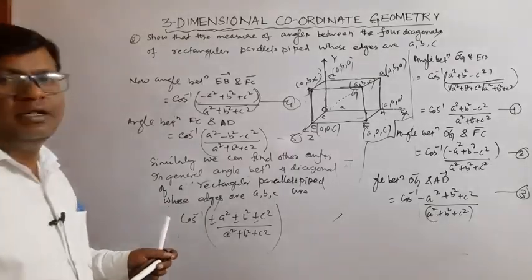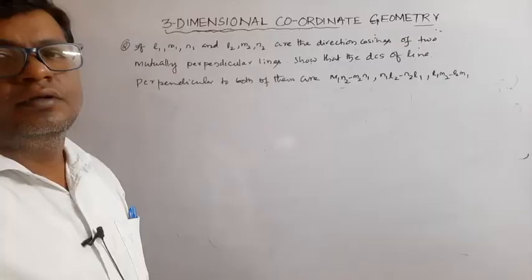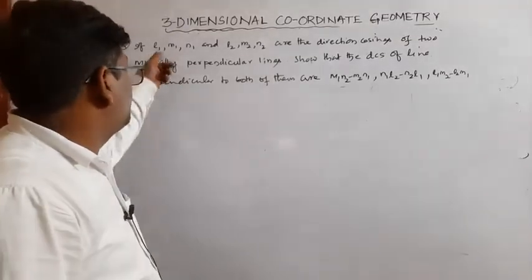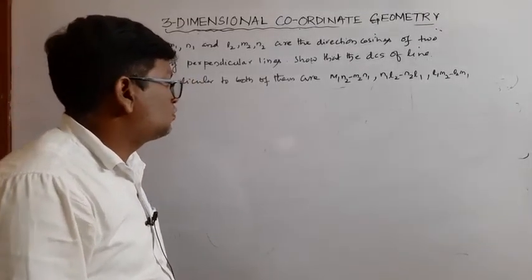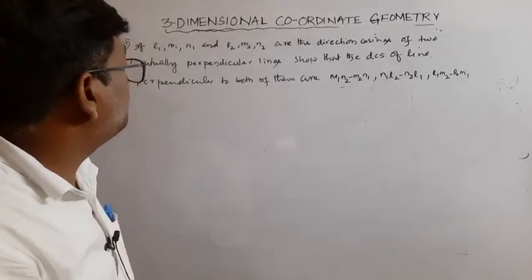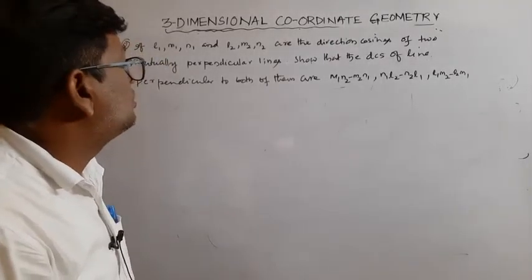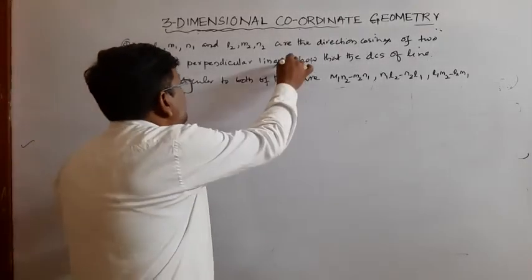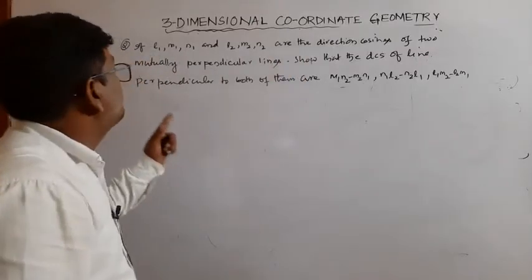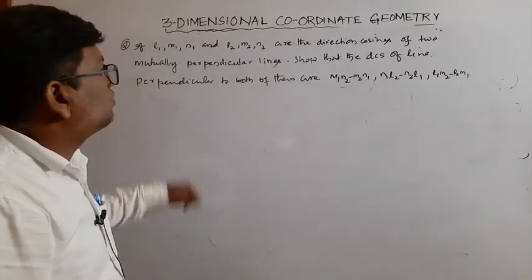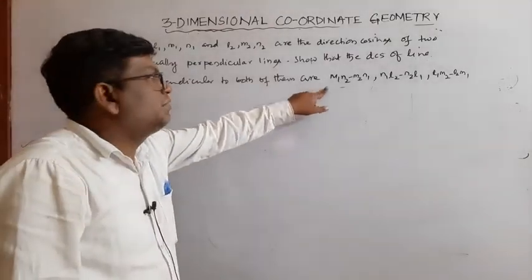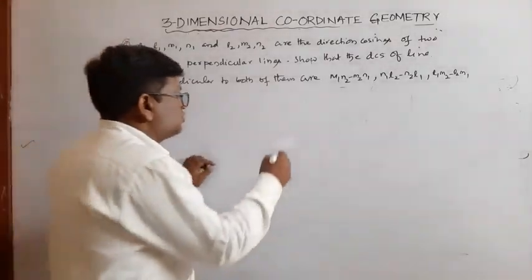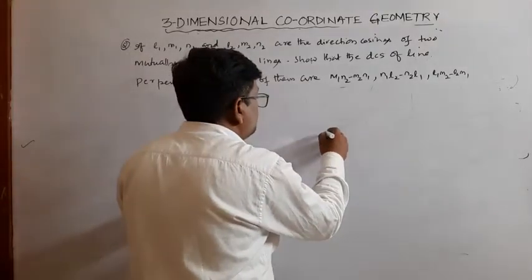Now another question. If L1, M1, N1 and L2, M2, N2 are the direction cosines of two mutually perpendicular lines, then show that the DCs of the line which is perpendicular to both of them are given by this. So suppose these are two mutually perpendicular lines here.